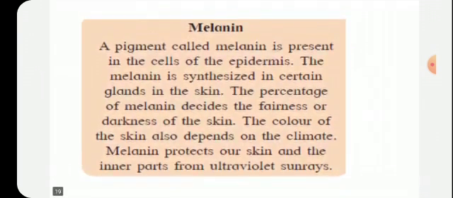These melanocytic cells contain the pigment called melanin, and this melanin is also of three different types. According to the type of melanin, it contains different substances, and accordingly the color of the skin varies.